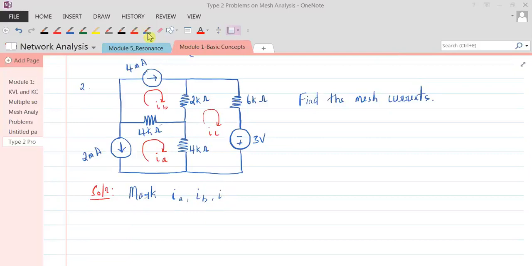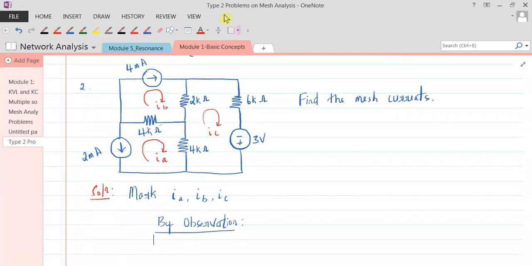We will be marking the currents, and we'll be applying it by observation. We should first tell the currents which we know. By observation, what is true is this.